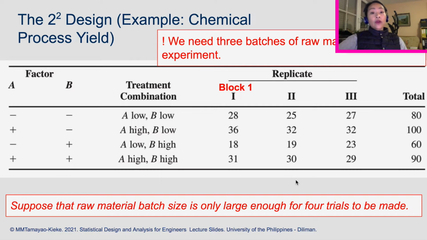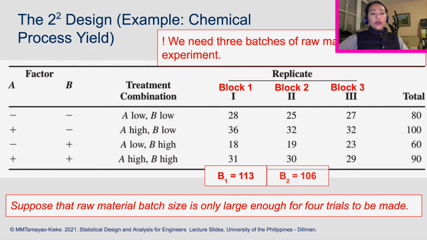So we run the first replicate completely in block 1, the second replicate as block 2 and the third replicate as block 3. Now we're going to need the sum of observations for each block later on. So we note that the sum for block 1, denoted as B sub 1, is equal to 113. Block 2 is 106, and block 3 is 111.